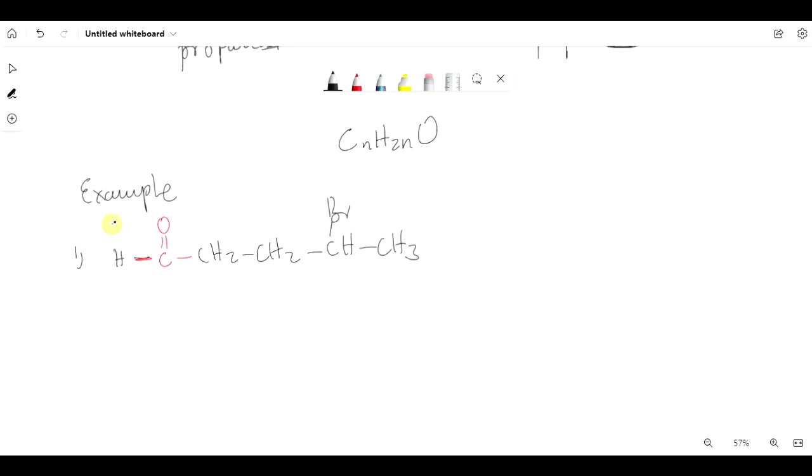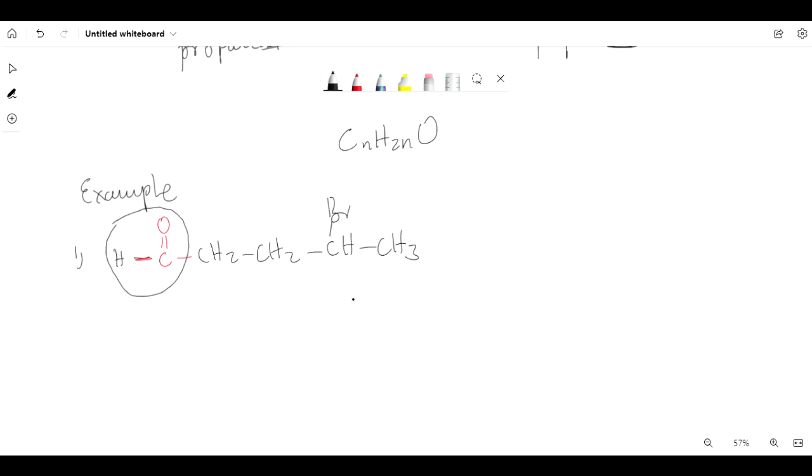If you look properly, it has the carbonyl group that has an H, which is our aldehyde. Our aldehyde has a suffix of al because it's an aldehyde. How many carbons does it have? 1 2 3 4 5.